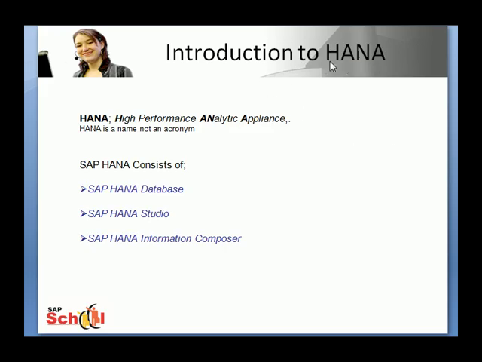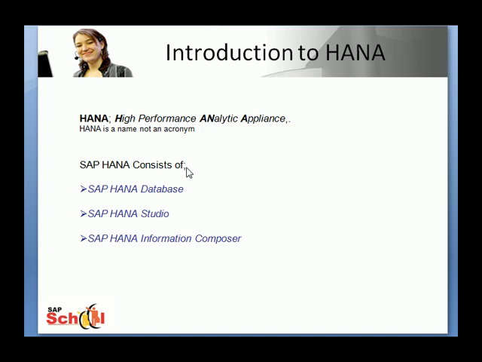So what is HANA? What does it stand for, if at all, for anything? HANA started as an acronym for High Performance Analytic Appliance. But as it evolved, HANA is no longer an acronym, it's just HANA.